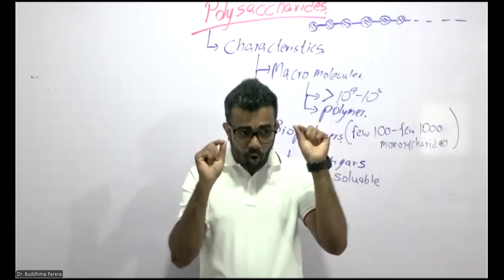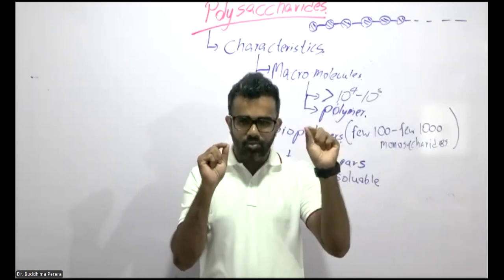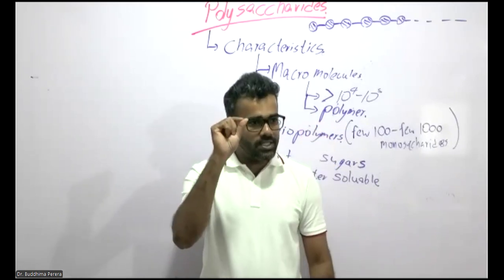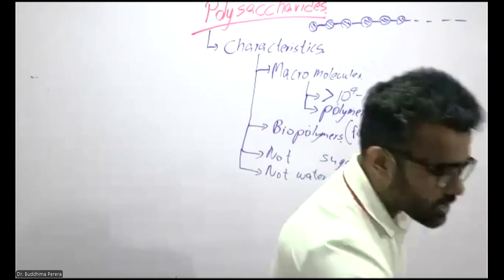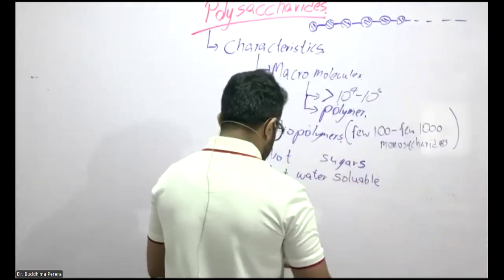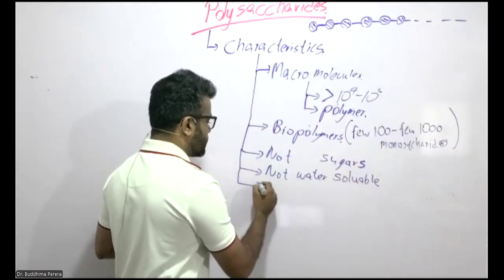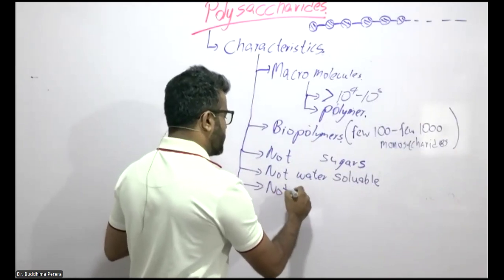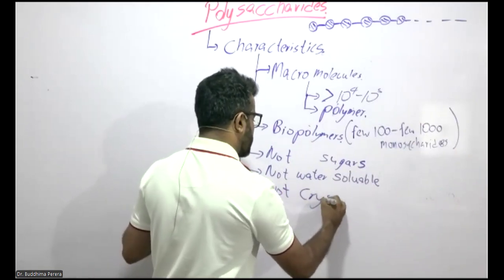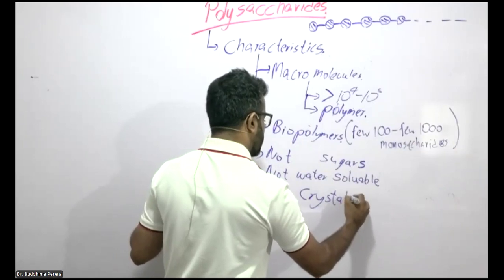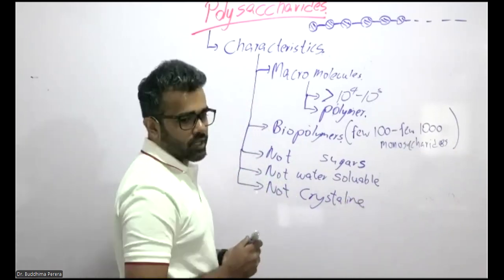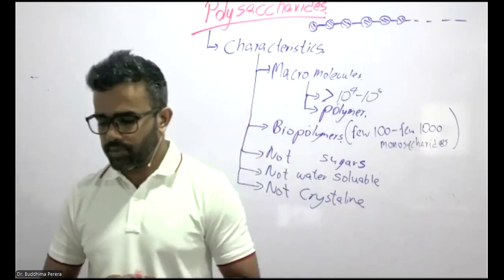Glucose is very small crystals, but starch is a powder. So starch is not in crystalline form.